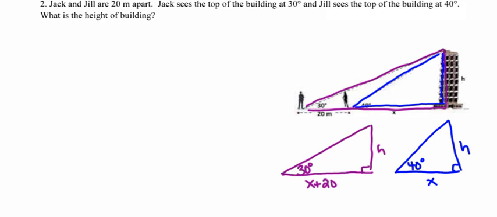So very similarly to the first problem, when I look at this question, we're dealing with opposite sides and adjacent sides in both triangles. So this one too is going to be a tangent problem. I'm going to get busy the same way I did on the first one. In that purple triangle, tangent of that 30-degree angle is equal to the leg opposite, which is h, over the leg adjacent, x plus 20.